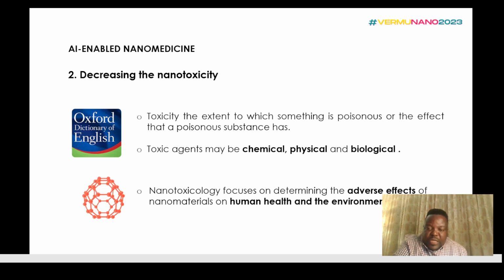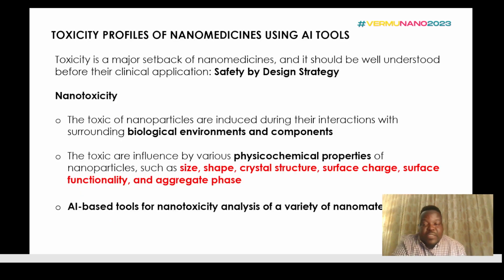The toxic agent may be physical, chemical, or biological. In terms of nanotoxicity, the issue is determining the adverse effect of nanomaterials in the human environment. This is a challenge particularly for nanomedicine, and toxicity is not just a setback for nanomedicines, it should be well understood before clinical applications.